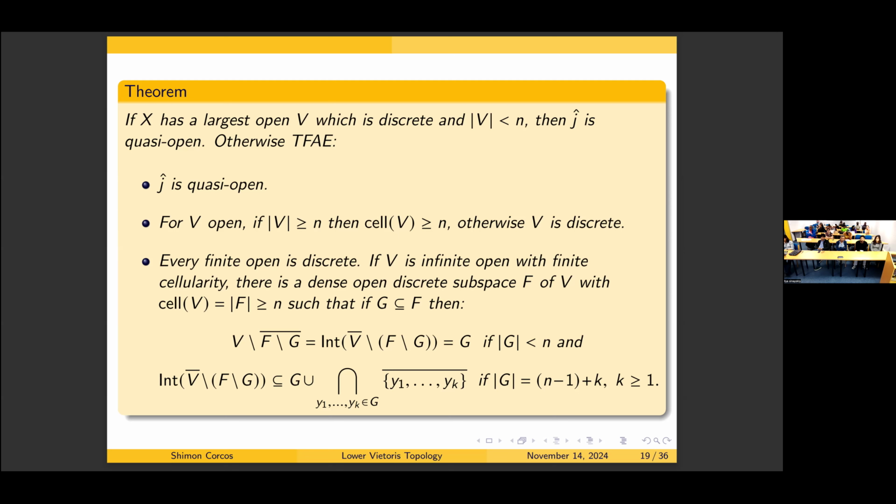And then if you knew that G has at least n elements, what you can show is that this open set is a subset of the elements of G together with intersections of closures of elements of G. And that is described by how many more elements G has than simply n minus 1 elements.